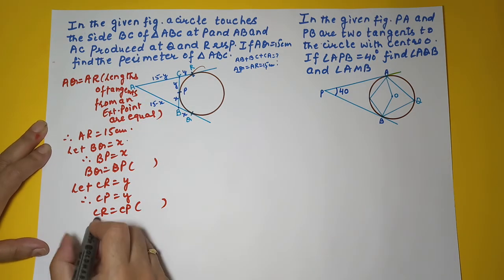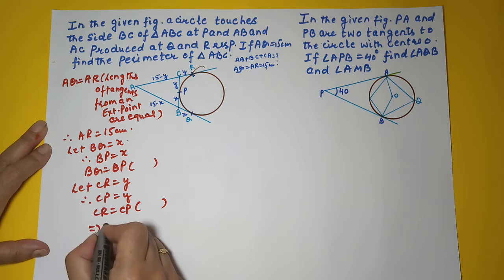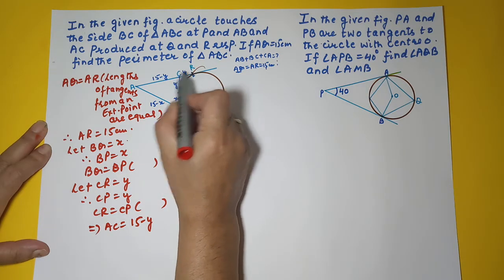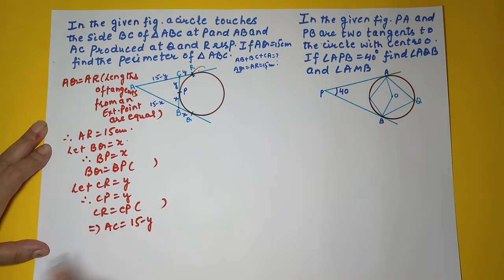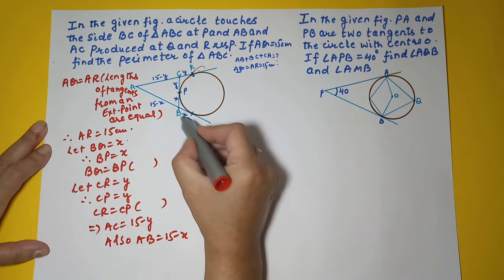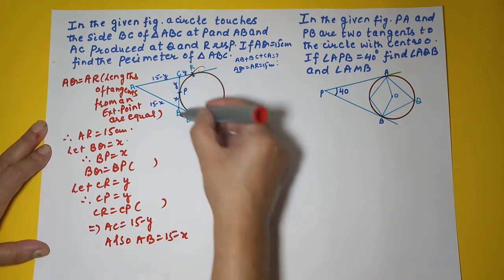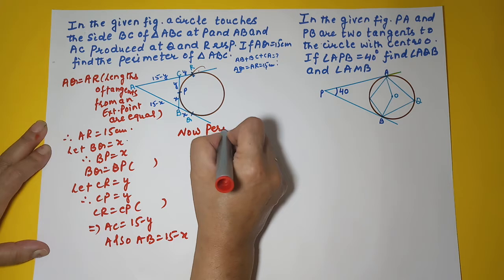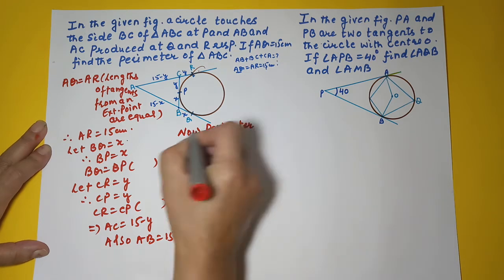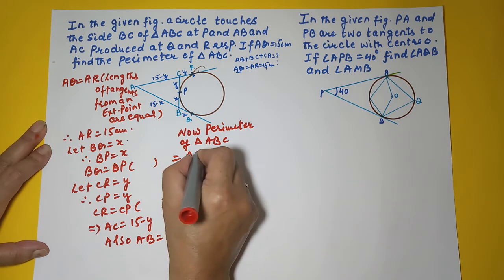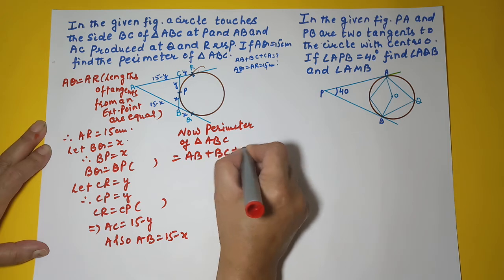Fine. Now, which implies that AC is equal to 15 minus Y. Because if CR is Y, AR is 15, AC will be 15 minus Y. Also, you can write AB is equal to 15 minus X. Same, if BQ is X, AQ is 15, AB will be 15 minus X. Now, perimeter of triangle ABC will be AB plus BC plus CA.